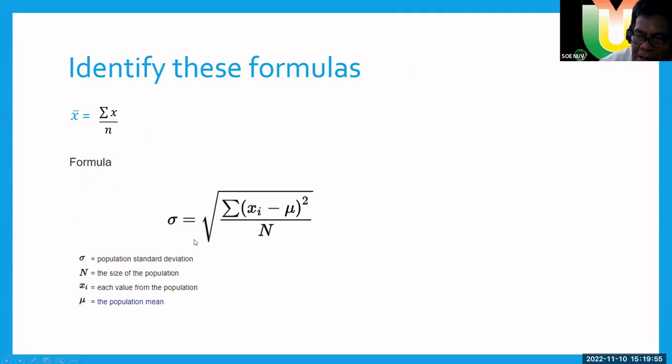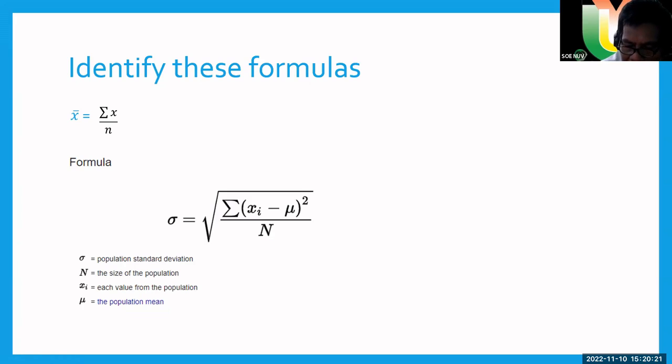Okay? The next formula is the formula for standard deviation. So that is the sigma, the scientific symbol for population standard deviation. That means the standard deviation here to be worked out is for the whole class, not for a sample.